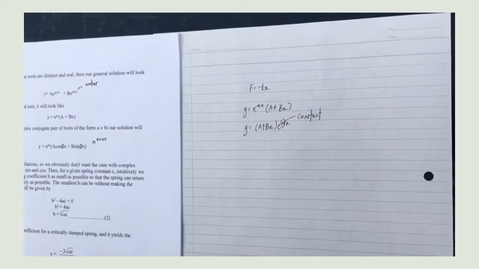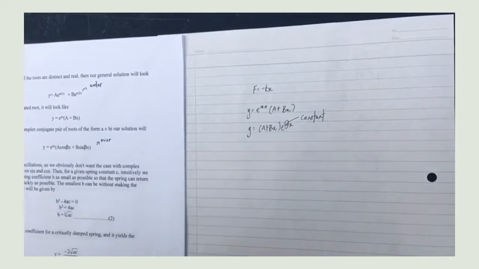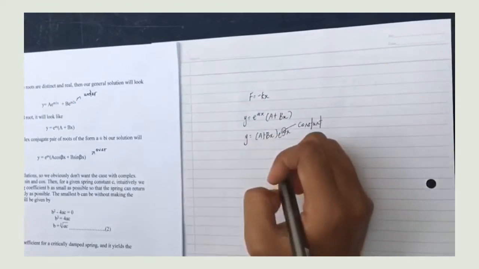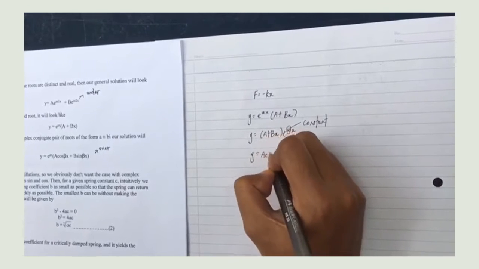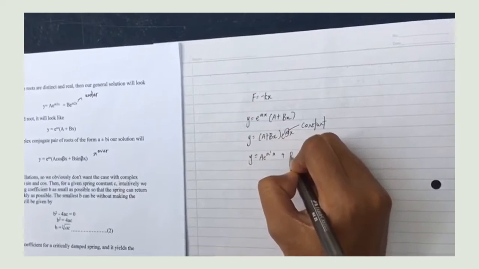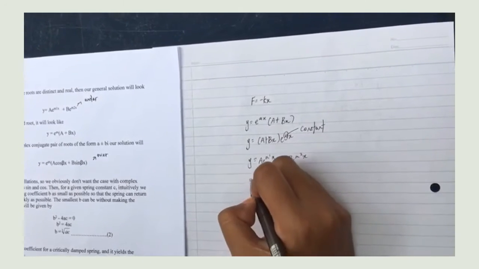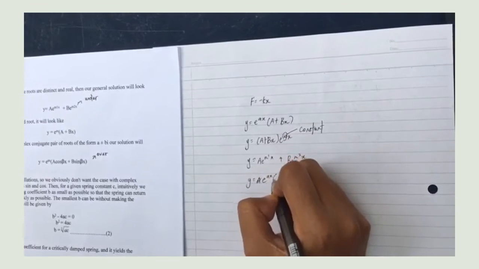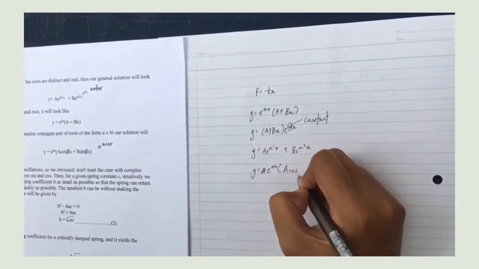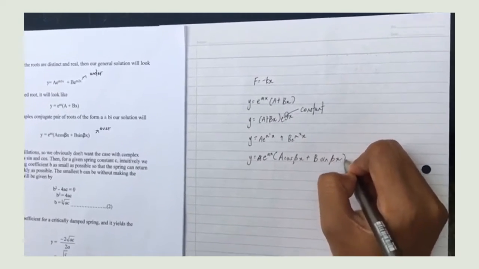Then I'm going to explain the differences between underdamped, critically damped, and overdamped. The equation for overdamped is y equals Ae^(m1x) plus Be^(m2x), whereas underdamped is y equals e^(ax)(A cos beta x plus B sin beta x).